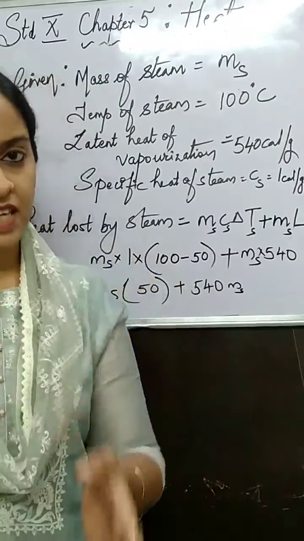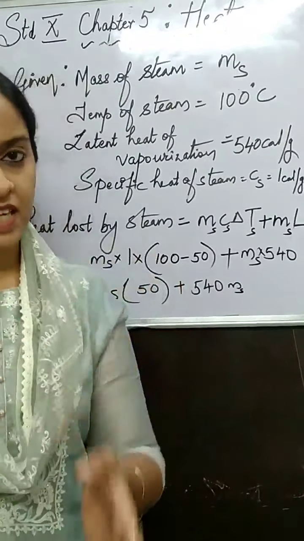Steam's specific heat is 1, delta T is 100 minus 50, which is 50, plus the mass of the steam, which we don't know, and the latent heat of vaporization of water is 540. Now let us solve this equation.